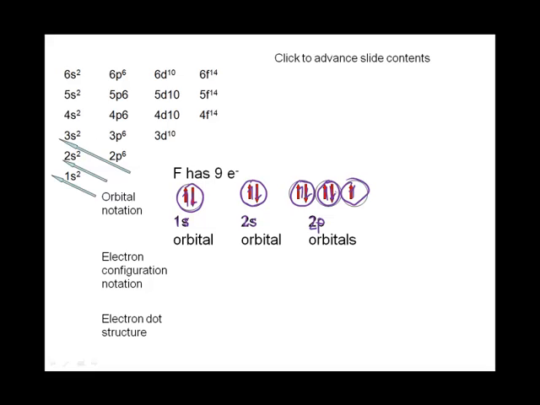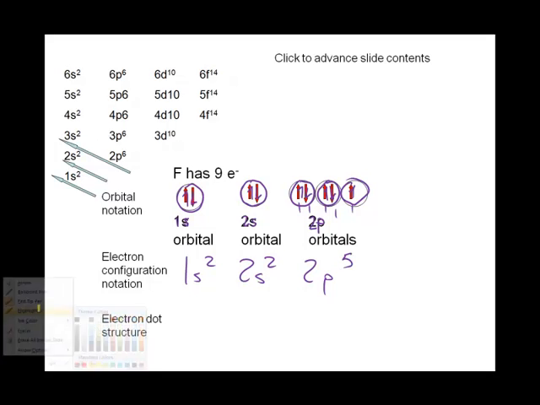And the electron configuration notation is going to be 1s2, 2s2, 2p, 1, 2, 3, 4, 5, 2p5. Now I can also count these up and make sure I have 9 electrons by doing 2, 4 plus 5 is 9 electrons, the atomic number of fluorine.